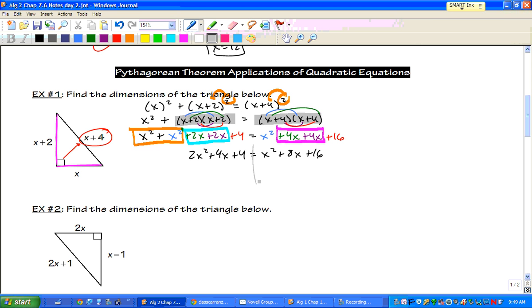So now we need to determine what's our leading coefficient. Okay, we have two choices. We have the 2x squared or the x squared, because those are the highest exponents. Which one is bigger? The 2x squared is, so that means everything on the right we need to move over because we want one side equal to 0.